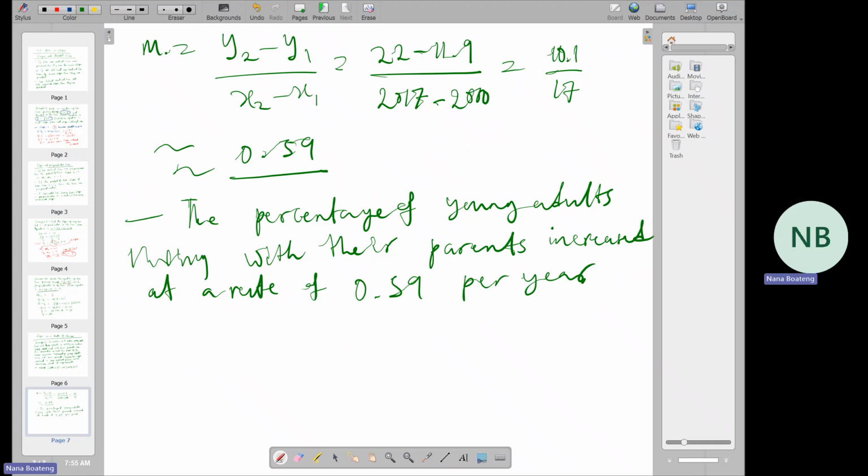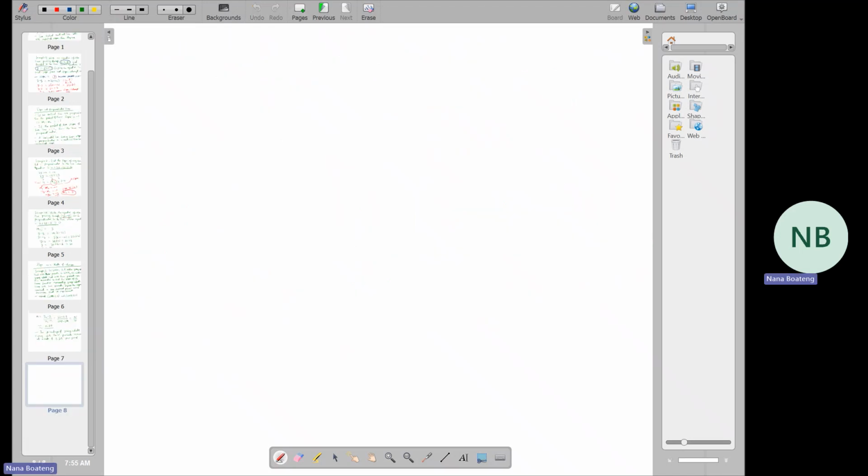Let's also look at the average rate of change of a function.